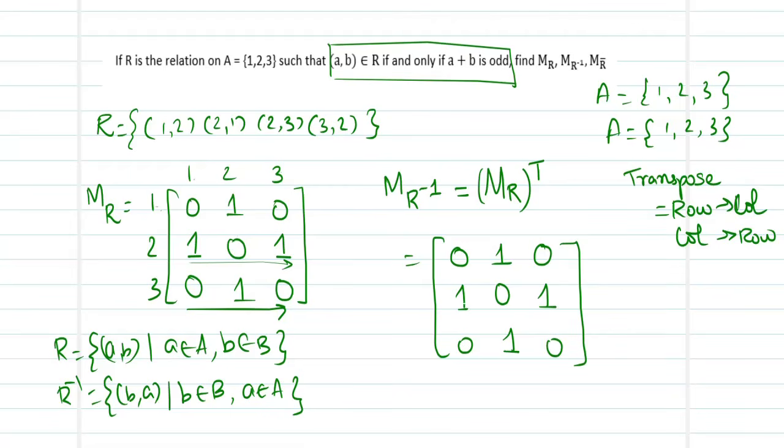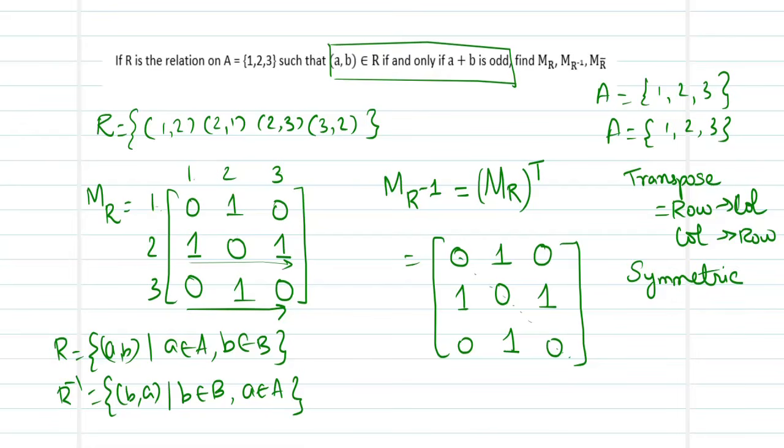We see that the matrix after getting transposed still looks the same as the original matrix MR. So what do we mean by it? We notice that above and below the diagonal, the elements are reflections of one another. That is, what we have is a symmetric matrix.